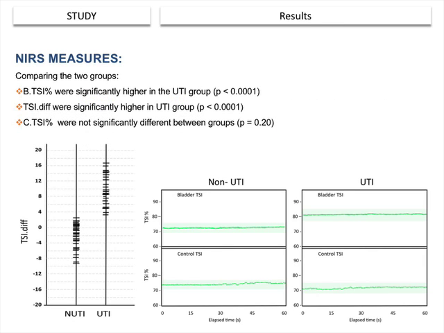BTSI and TSI diff were significantly higher in the UTI group, and CTSI didn't show any significant difference between both groups. And as you can see here, the TSI diff measure nicely differentiated between the UTI group and the non-UTI group.